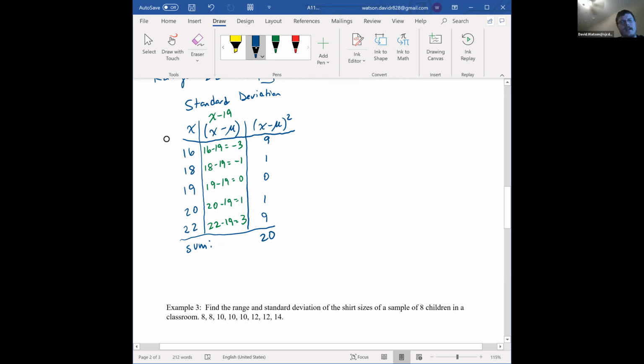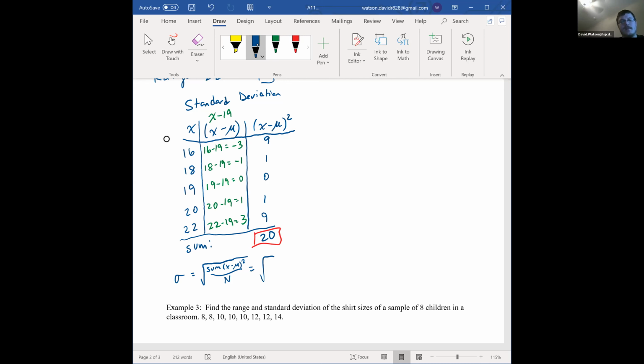So our standard deviation, sigma, is the square root of the sum of x minus mu squared all over n. That top part, the sum of x minus mu squared, that's what we just found right there with the table.